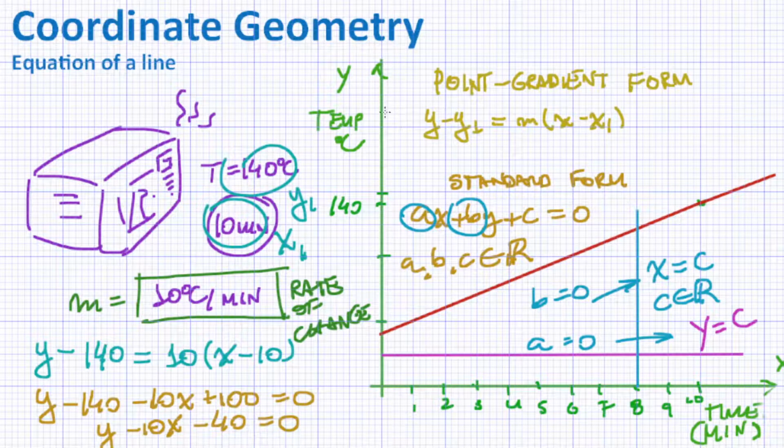But in cases such as this one, in which y is a temperature and x is time, the gradient actually means something. So in this case, the gradient will give you the rate of change of the temperature with respect to time.